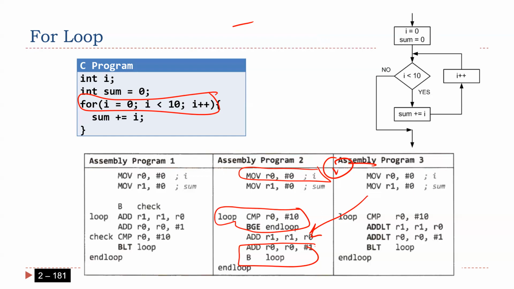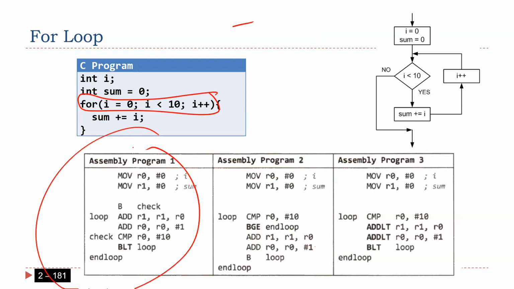Okay. I can do the same thing in a different way. Again, all of them are okay to me as long as it works. So let's see what I did here. This one is exactly close to the previous one. The only difference is that here I'm going to make the compare at the end. So I'm going to compare R0 to 10.